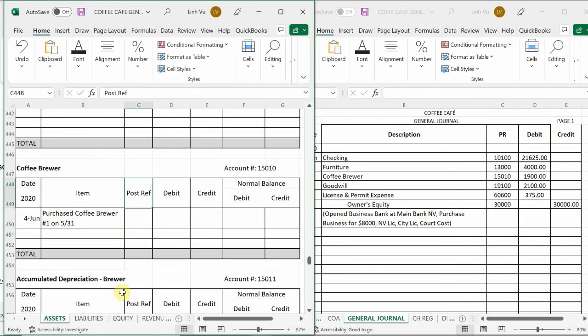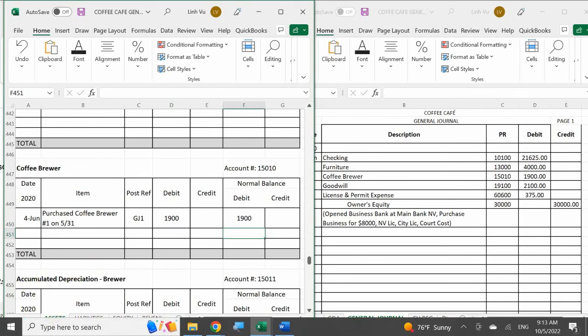Post reference once again, General Journal page 1. Now, how much did I buy my coffee brewer for? 1,900.